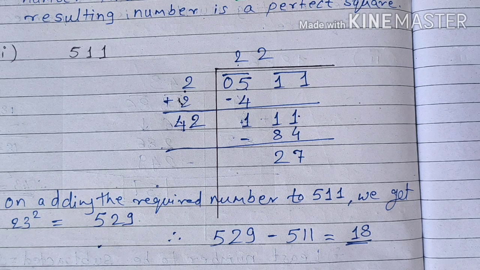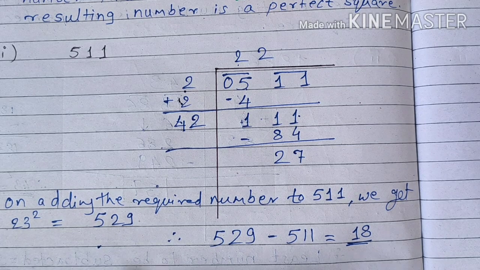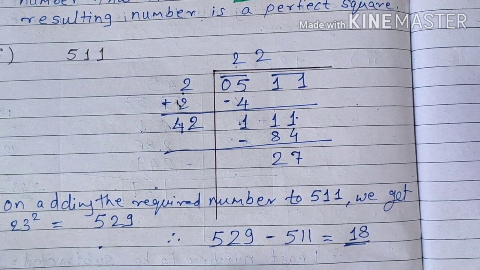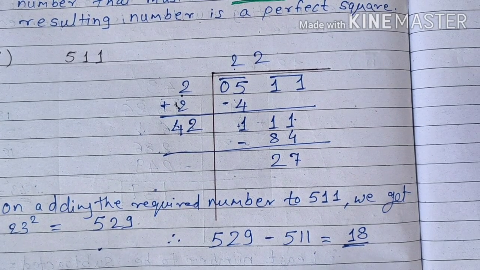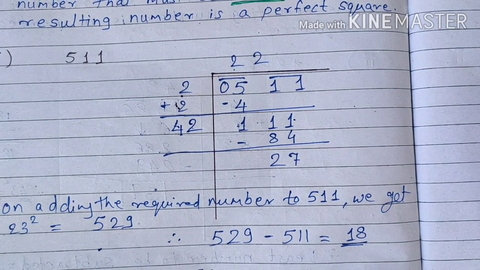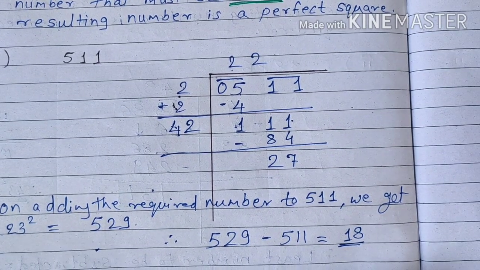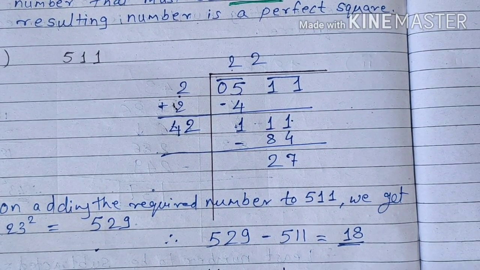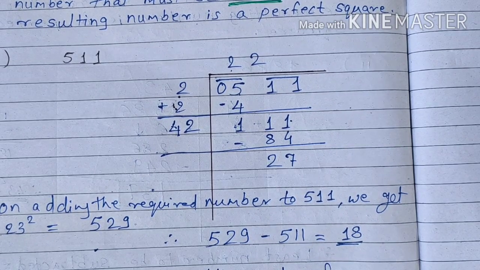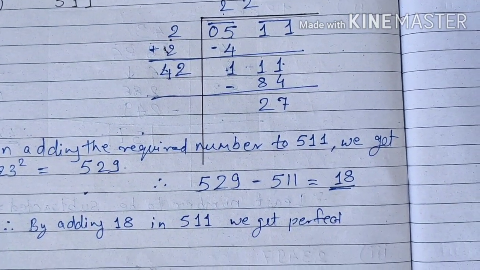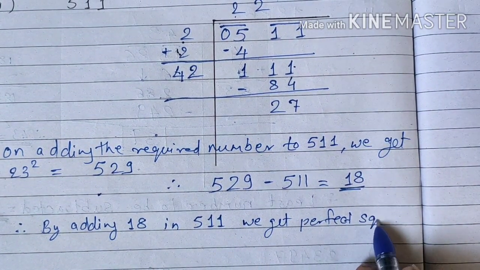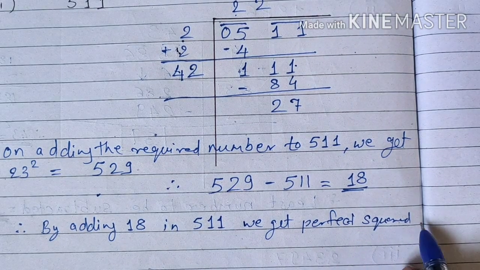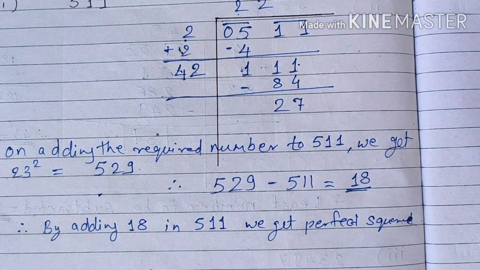So therefore, by adding 18 to 511, we get a perfect square. Understood this thing?